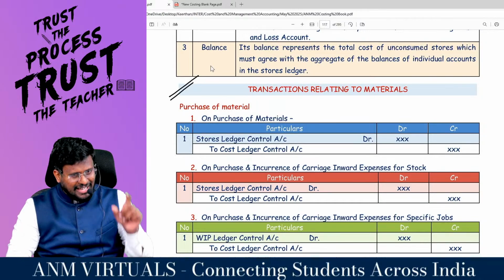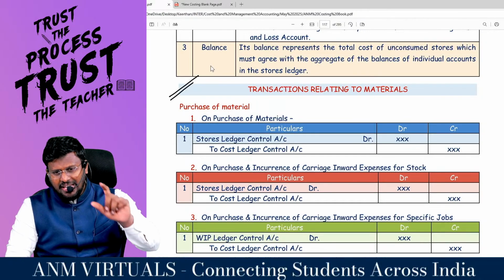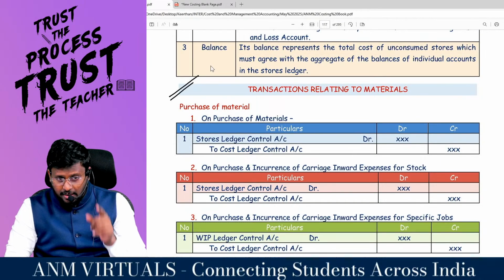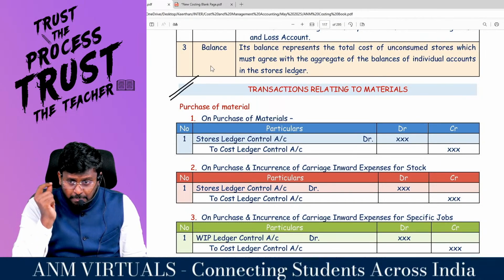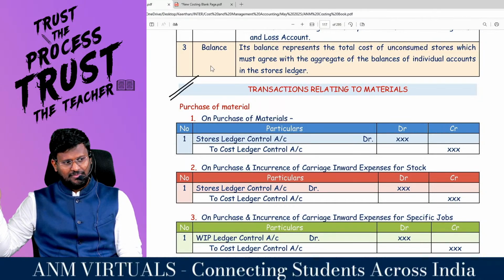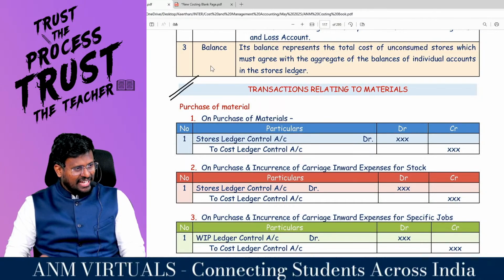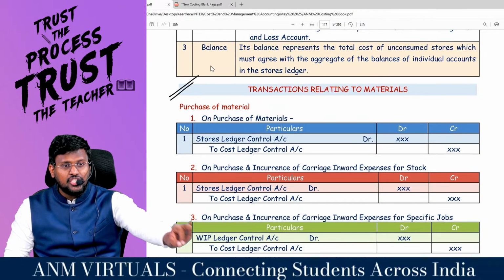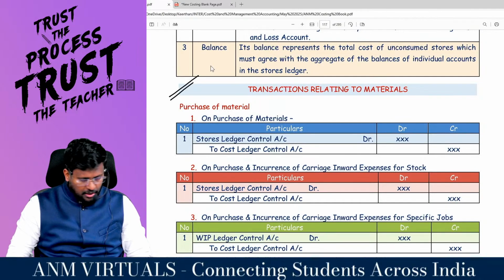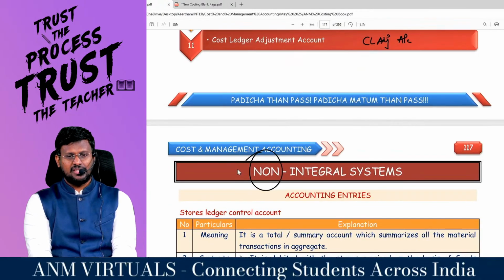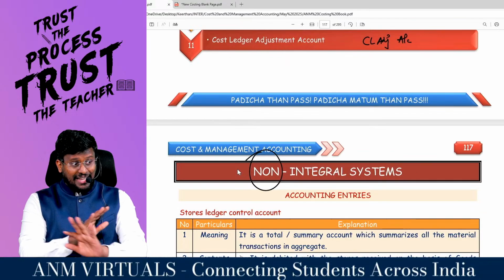But if I credit cash, bank or creditors, that means the debit aspect I am following is the costing system, whereas the credit aspect I am following is the financial accounting system. But this method we are learning is non-integral.